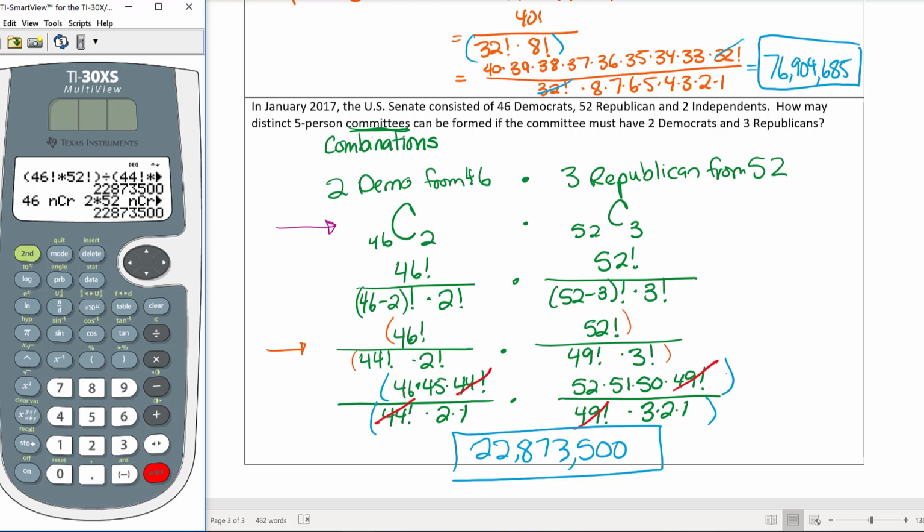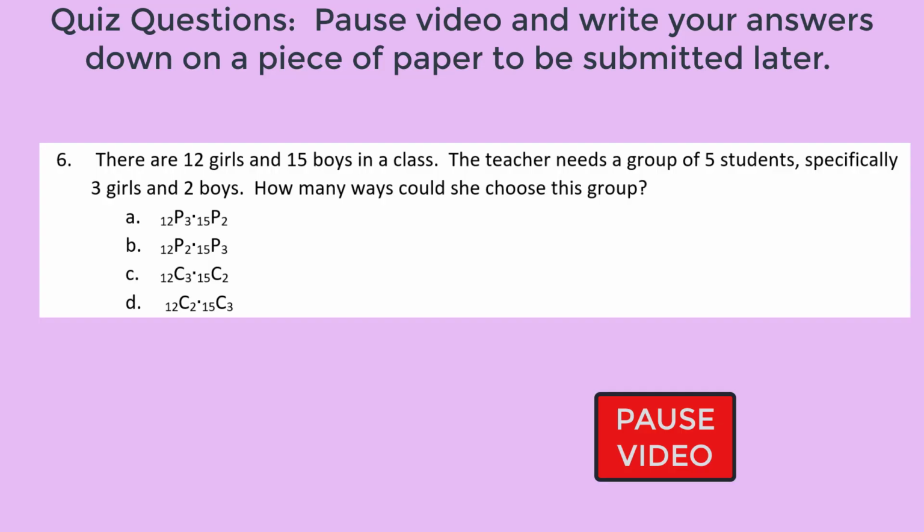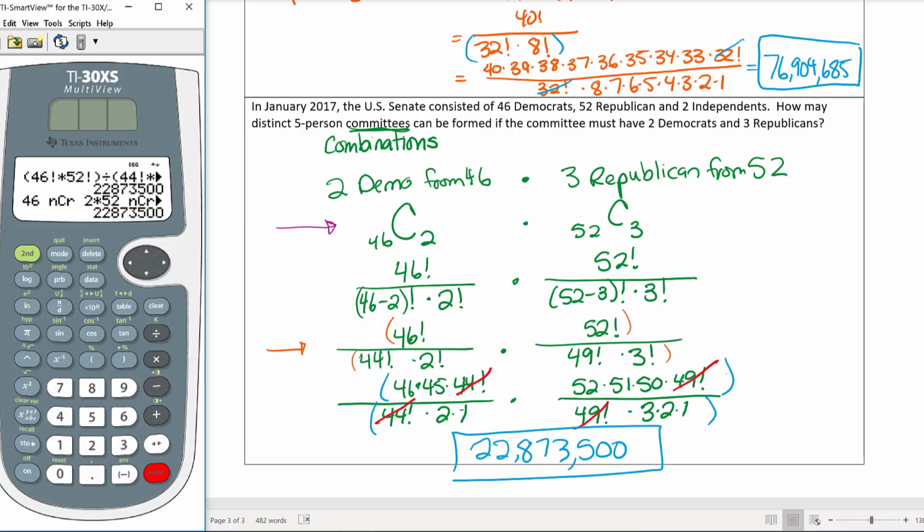So no matter what type of calculator you have, you should be able to multiply this out and get your answer. Definitely wouldn't want to do this without a calculator, but several different ways of typing it in. And that concludes our lesson today on combinations.